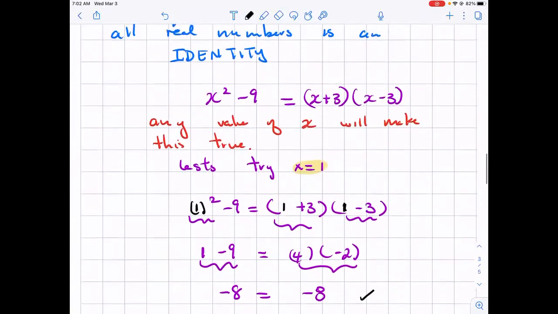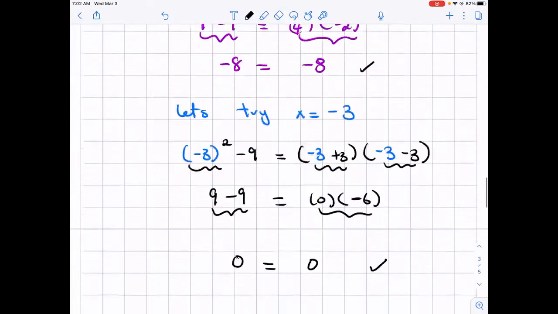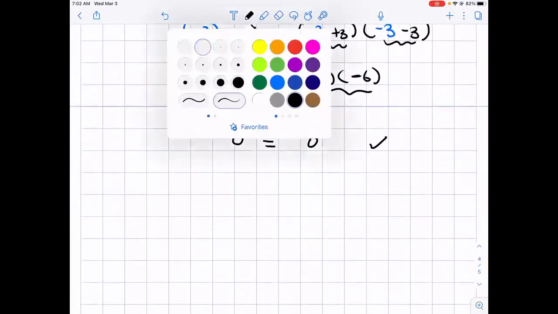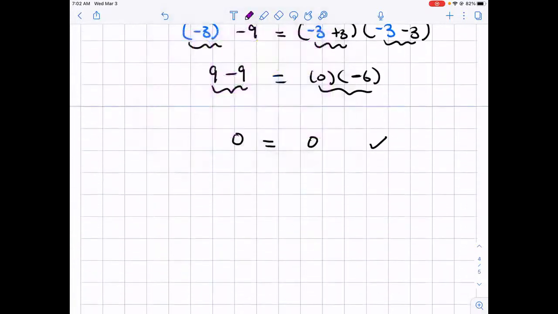Another example of an identity would be x over 3x squared equals 1 over 3x. This here is also an identity.